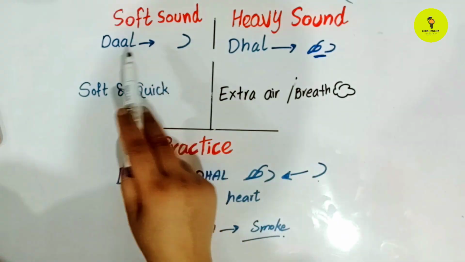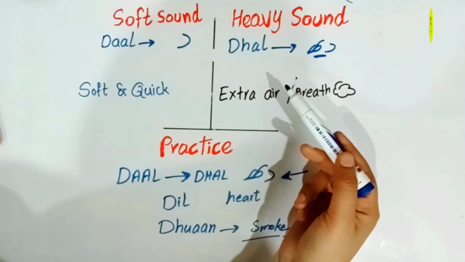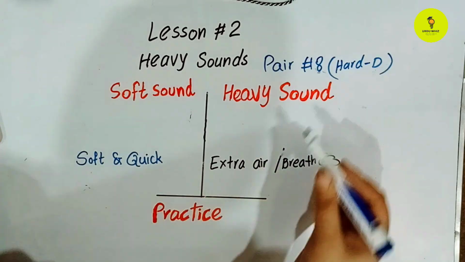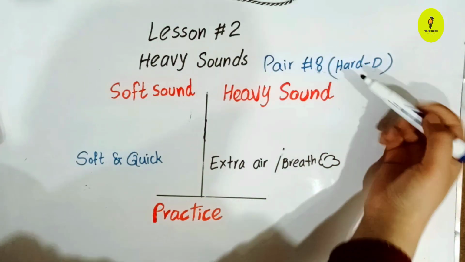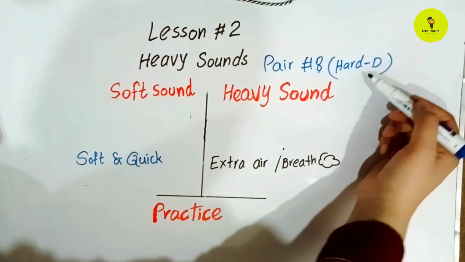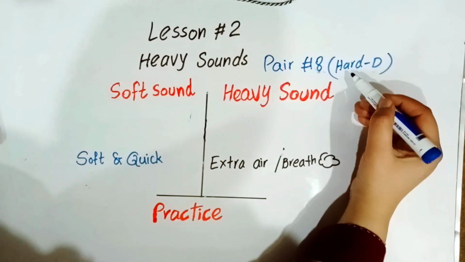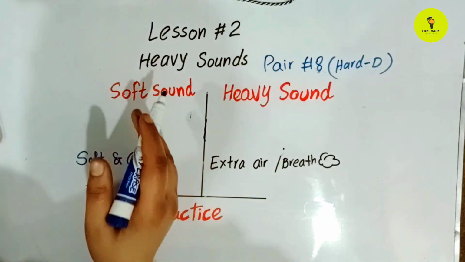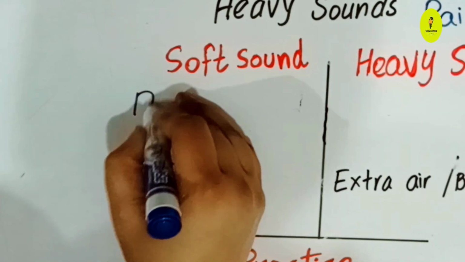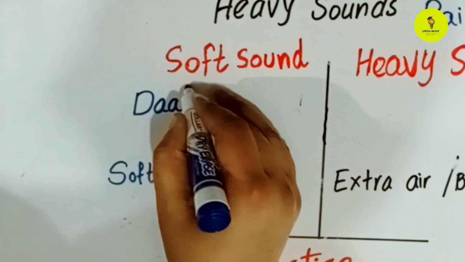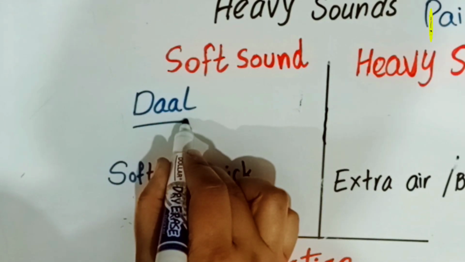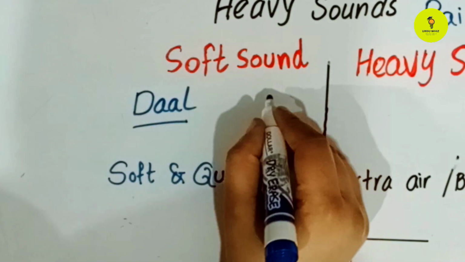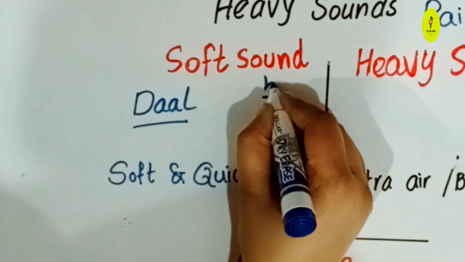Repeat after me. Daal, dhaal. We have pair number 8, that is the hard D sound. Previously we discussed the soft D sound. Now we will discuss the hard D sound. The soft D sound is dal, and it is the same letter in English but different in Urdu.